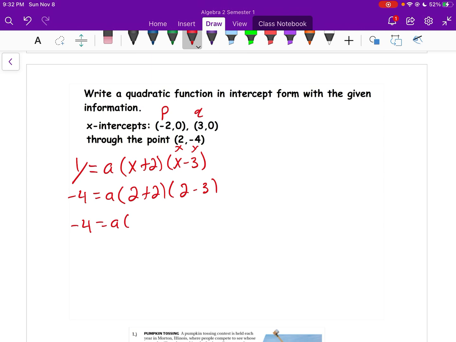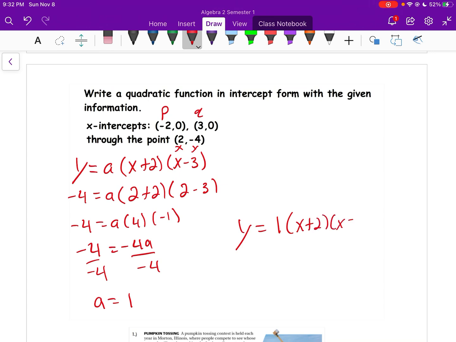So negative 4 is equal to a times 4 times negative 1, or negative 4 equals negative 4a. Therefore, dividing by that negative 4, we get a is equal to 1. So y is equal to 1 times x plus 2 times x minus 3.